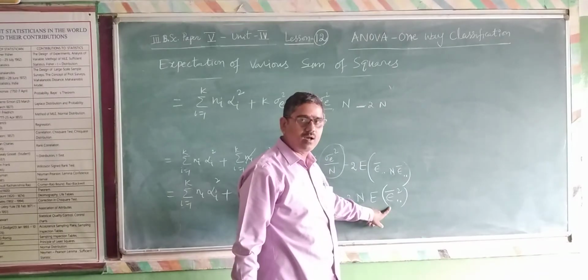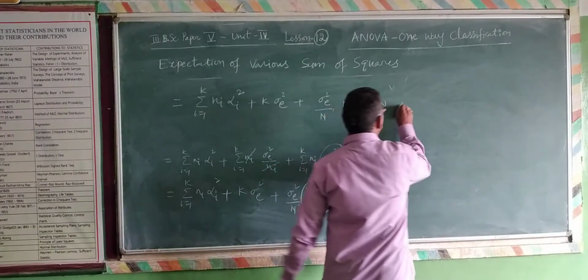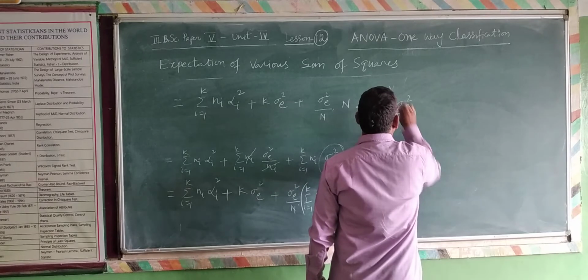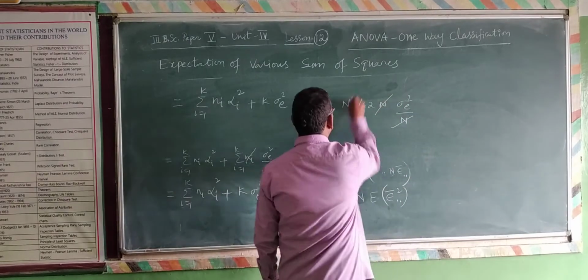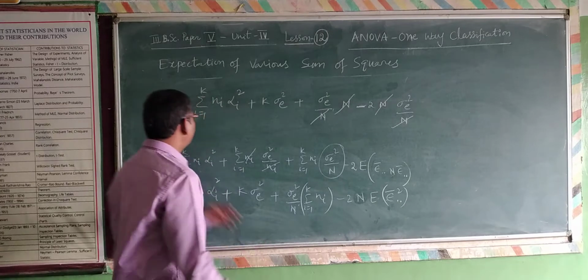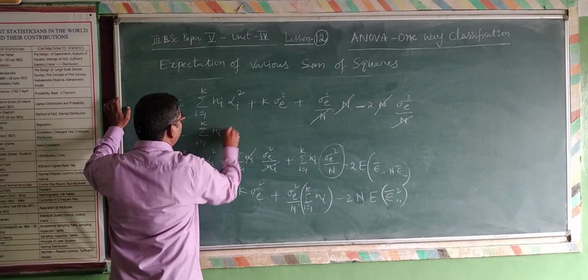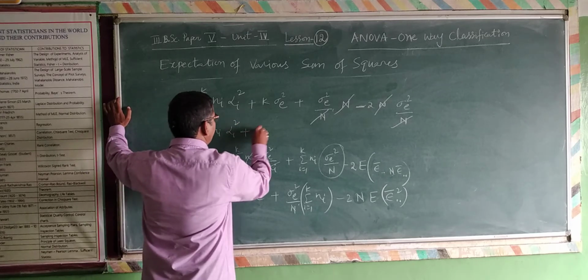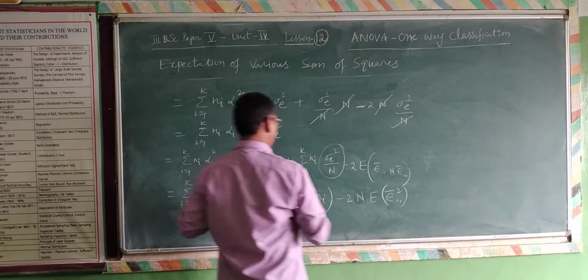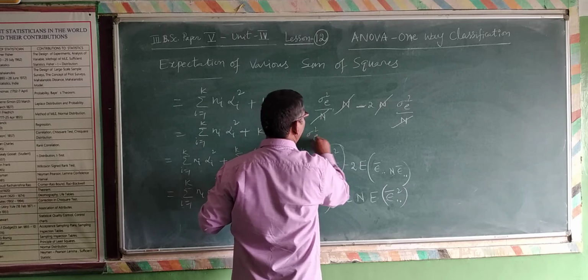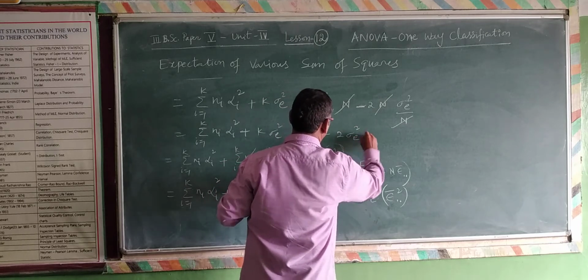It is the variance of epsilon bar dot dot, which is sigma square E by N. Therefore, capital N cancels here, capital N also cancels here. So this term is summation i equals 1 to k, Ni into alpha i square plus k sigma square E plus sigma square E minus 2 sigma square E.